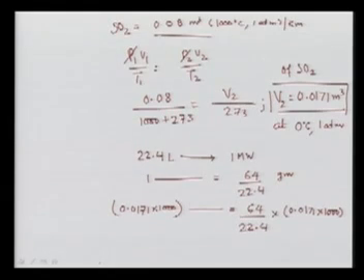This is the mass of SO2. I will do the calculation for you. 0.0171 into 1000 multiplied by 64 divided by 22.4. Okay, this came out to be about 49 grams of SO2.